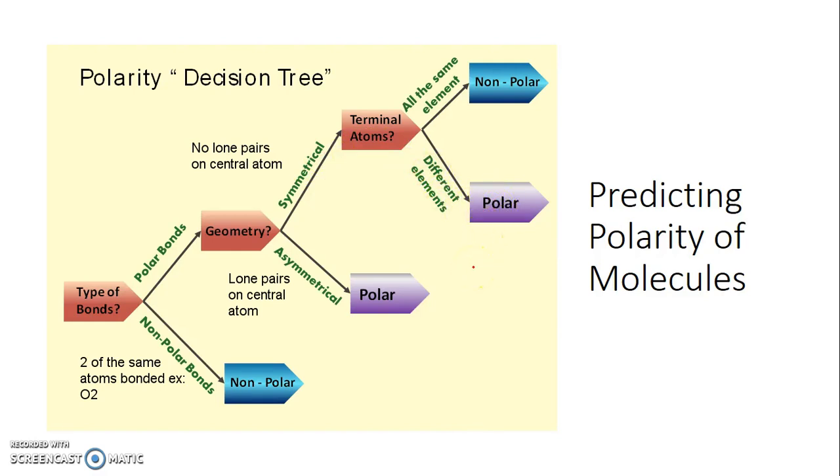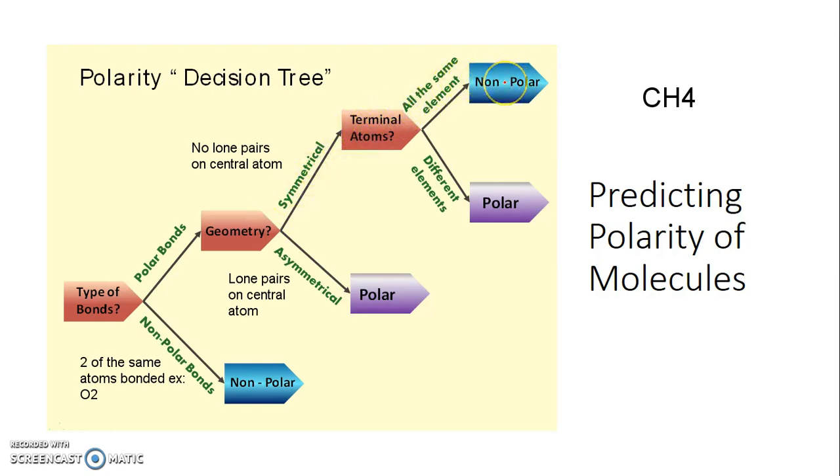So if we look at CH4, we don't know if the bonds are polar or not because I'm not giving you electronegativity values. So we can assume to begin that the bonds are polar. It's a symmetrical molecule, and all the terminal atoms are the same.